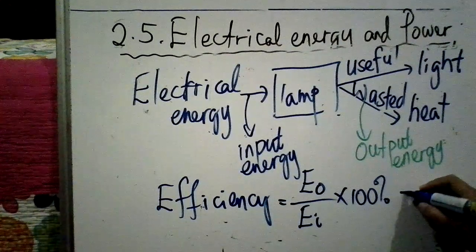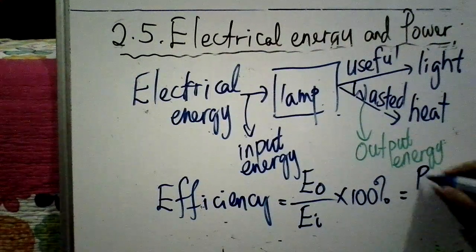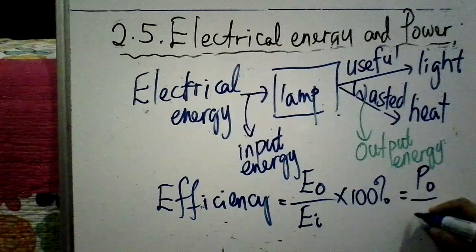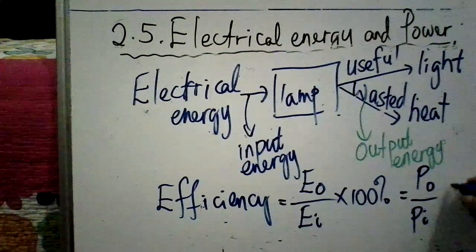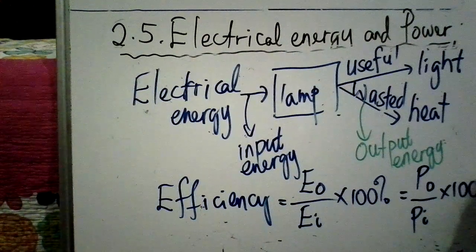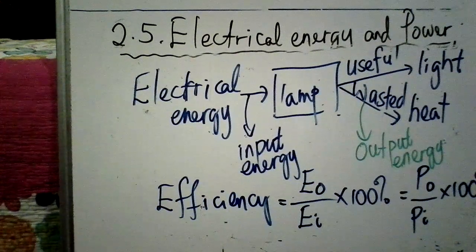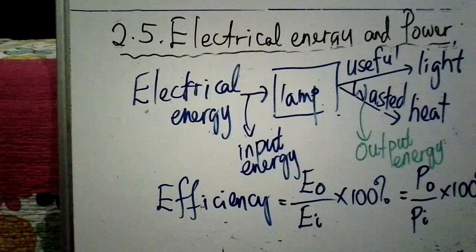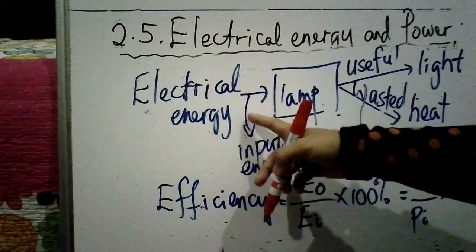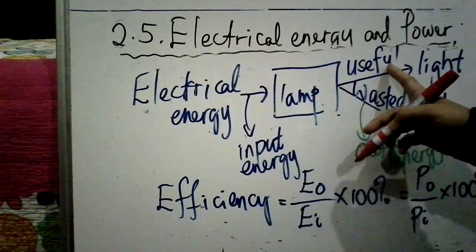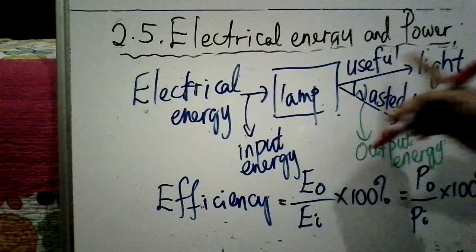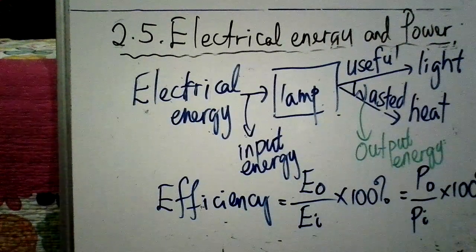Or we can use the output power divided by the input power times 100%. How many percent of the electrical energy supplied is changed to useful energy? In this case, the useful energy is the light of the lamp.